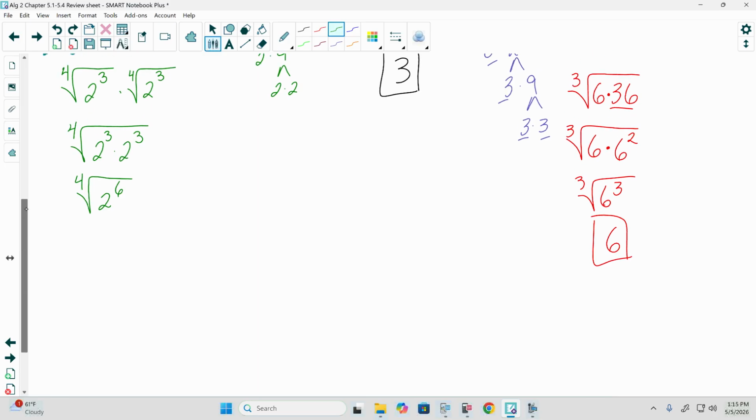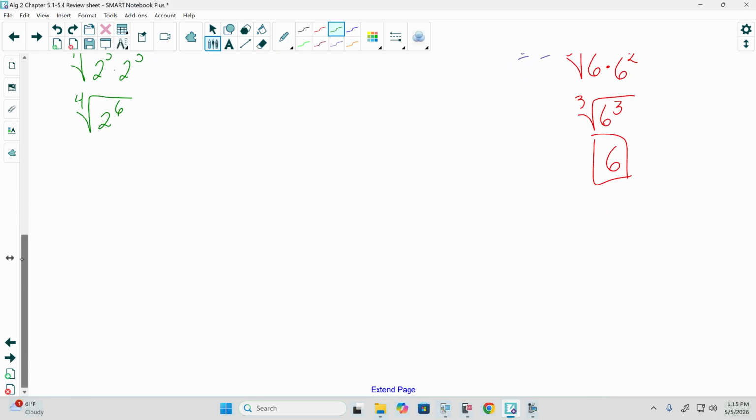At this point, we cannot leave it as the 4th root of 2 to the 6th. Like I said, with variables, we cannot have a variable with an exponent bigger than the root because it can be reduced. Same thing is true with numbers. So for the 4th root of 2 to the 6th, we're seeing how many groups of 4 2's would simplify out with this root.